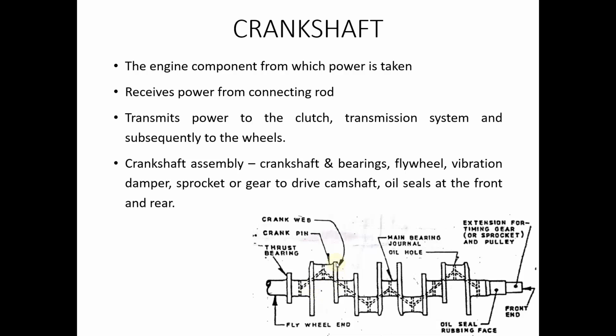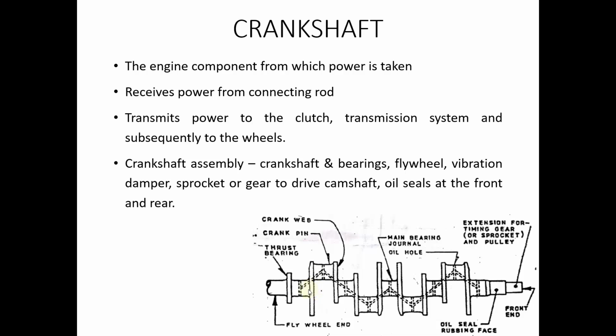And the edge surface of the crank pin, we call it the crank web. You can see here that holes are drilled at the crank web surface. So from the main journals, there will be small drilled oil holes, and oil is carried through rotation.